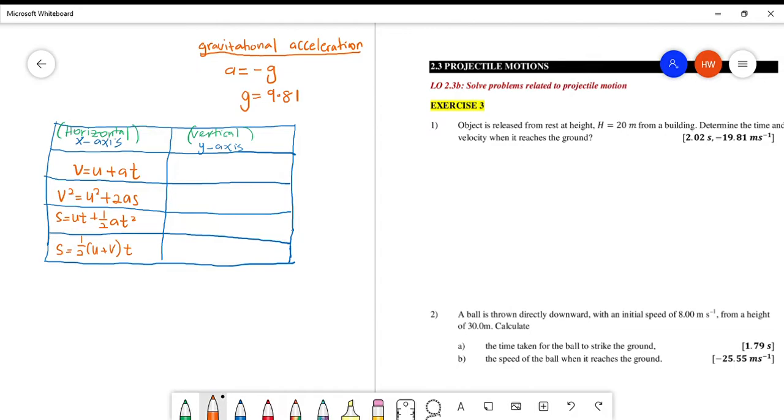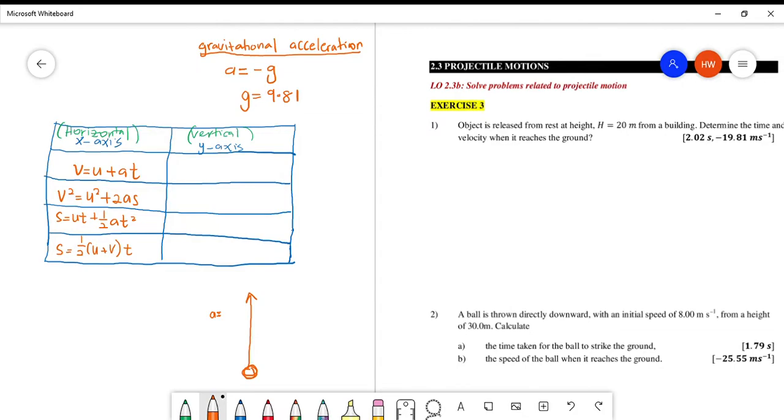Kenapa? Sebab okay, katakan awak campak barang ke atas. This is a ball being thrown upward. Bila dia campak ke atas, velocity dia akan menurun atau menaik? Menurun, betul? Makin lama makin slow sebab tu nanti bola tu akan jatuh balik.